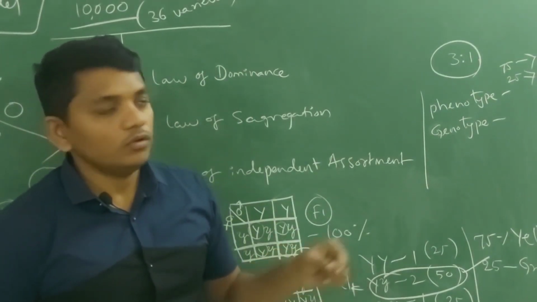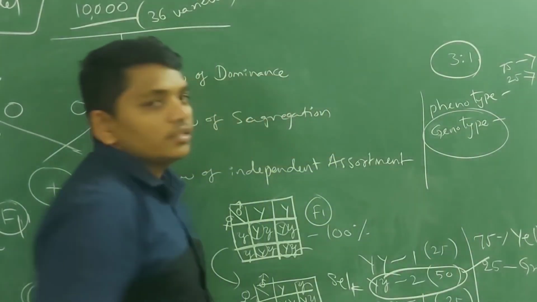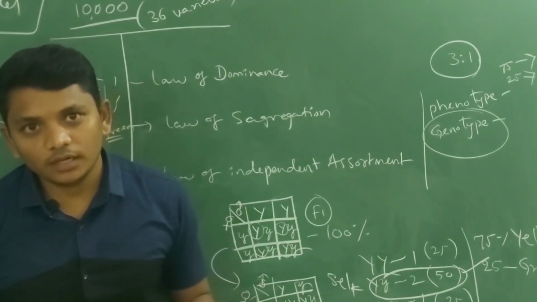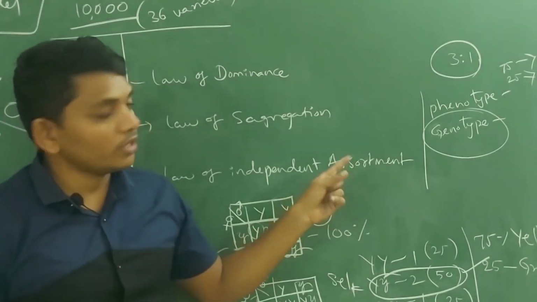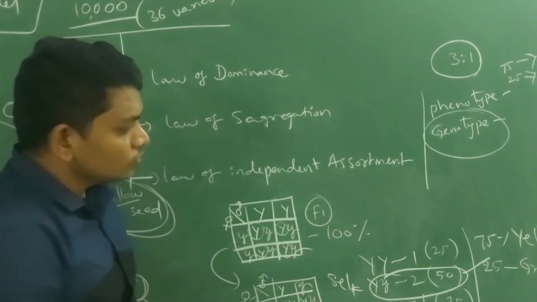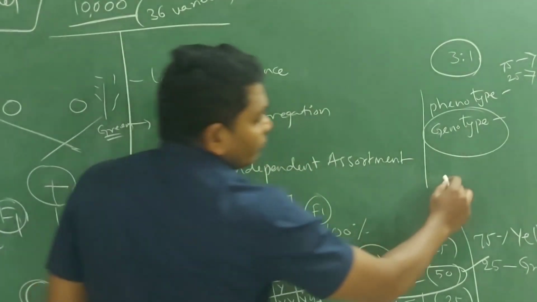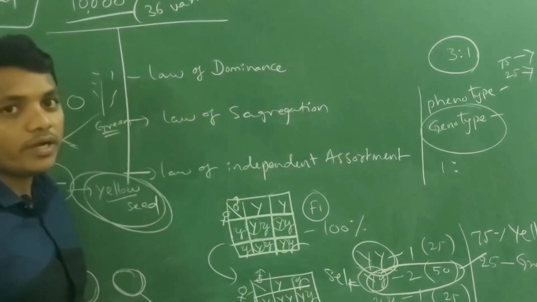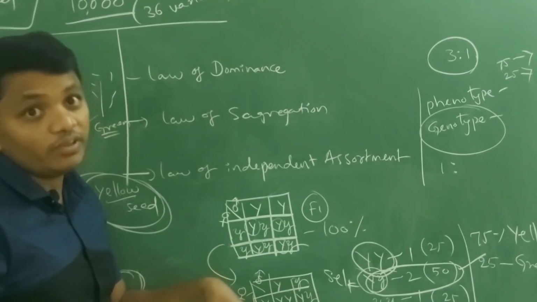Let us discuss genotype characters. Genotype means the genetically designed characters within the seeds. The genetically designed characters in the seeds are called genotype characters. Pure yellow is 25%, that is 1, and the one that looks yellow but itself has green color within it, this green color is a recessive character.